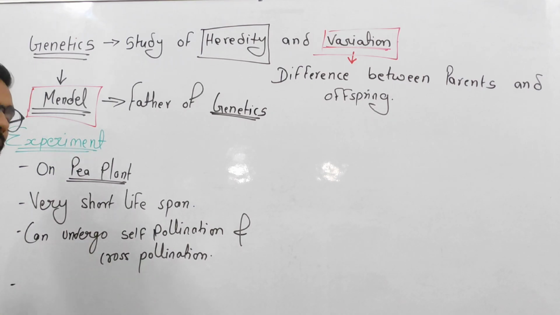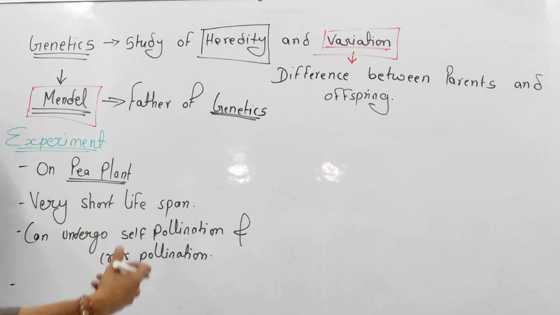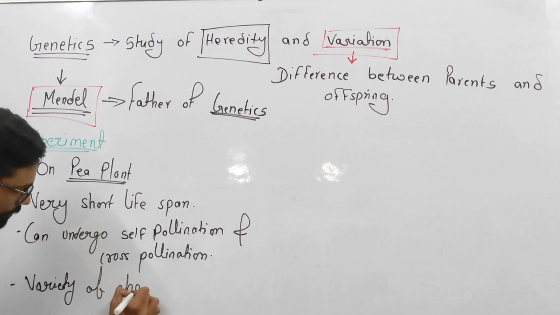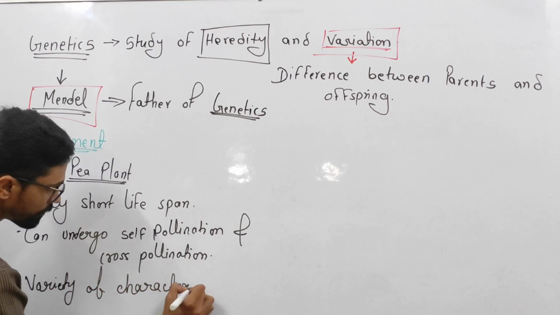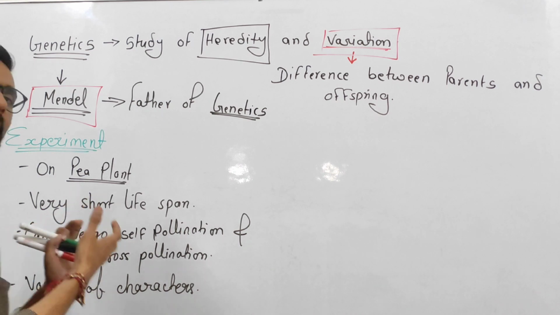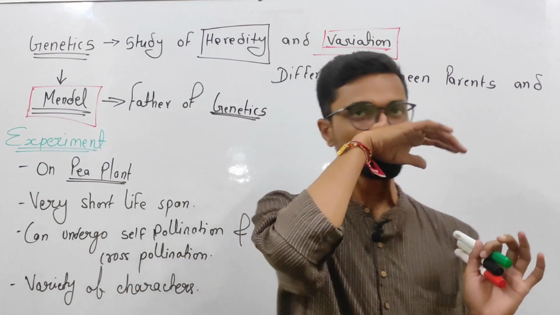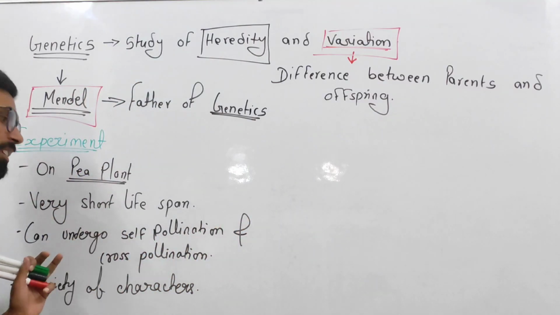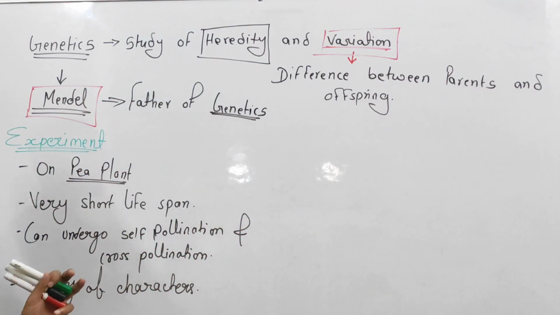Apart from that, pea plants also have very distinctive characteristics. They have a variety of characters. Apart from that, they have many more features, but for a 1 mark question, 3 or 4 features are enough.